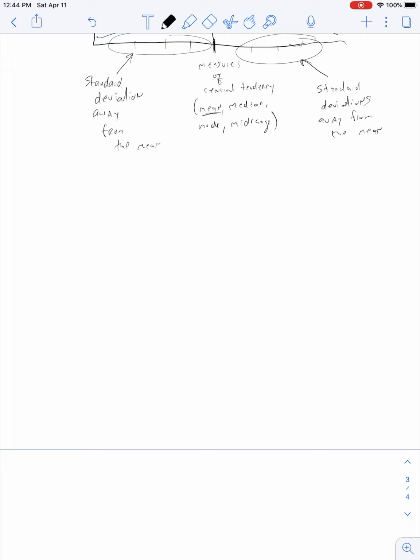So we are going to look at the 68, 95, 99.7 rule.